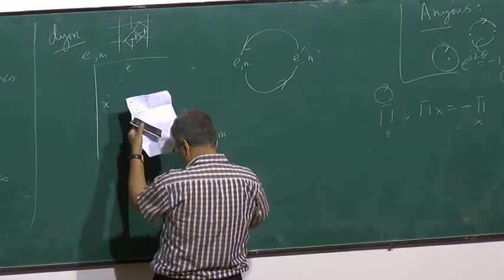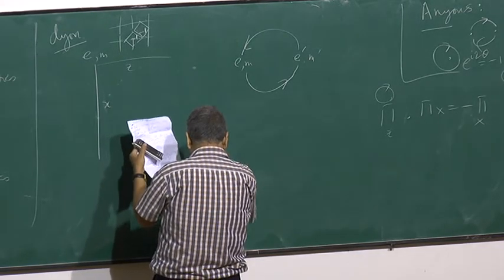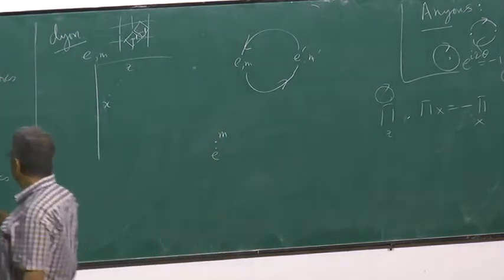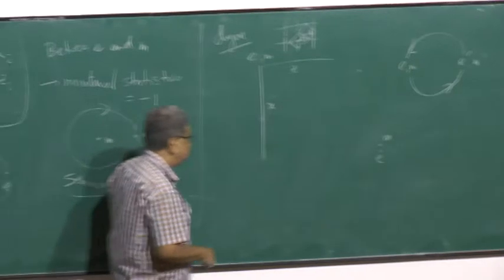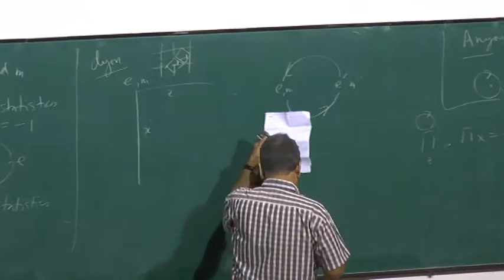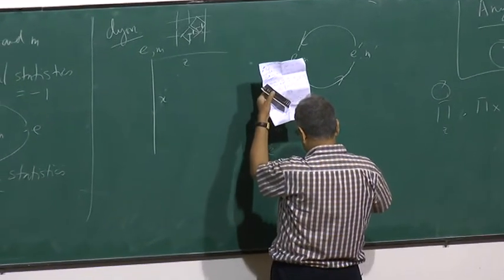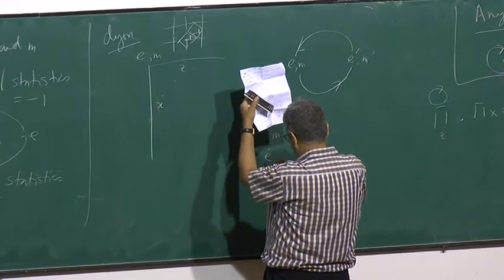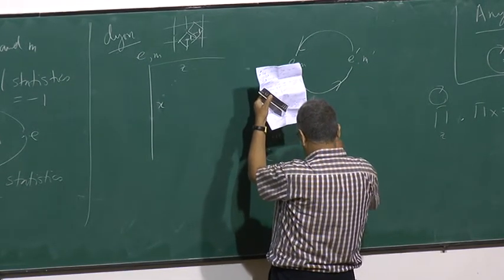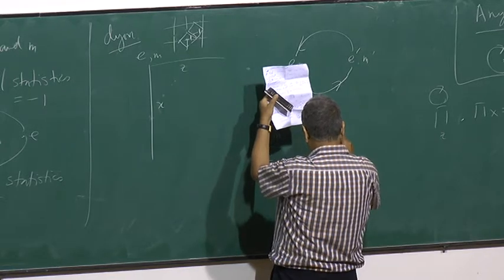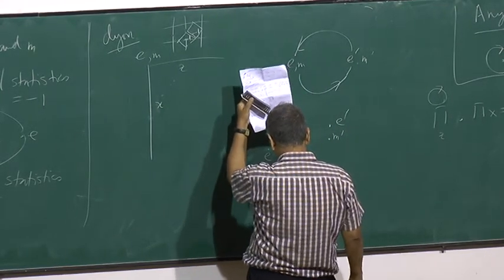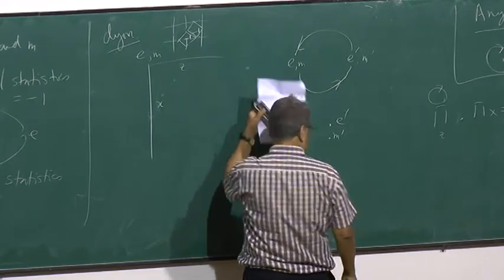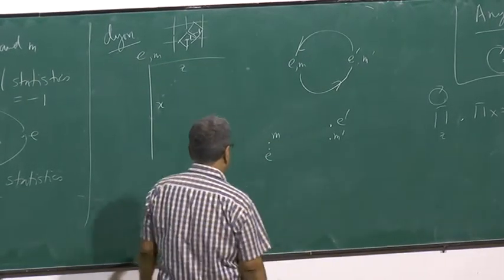M here and E here. By the way, this mutual statistics, because it's -1, it doesn't matter whether you do it clockwise or anti-clockwise. So we exchange them.